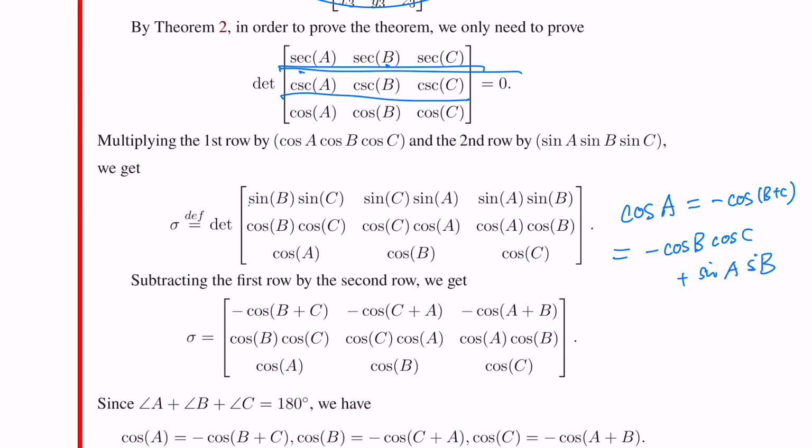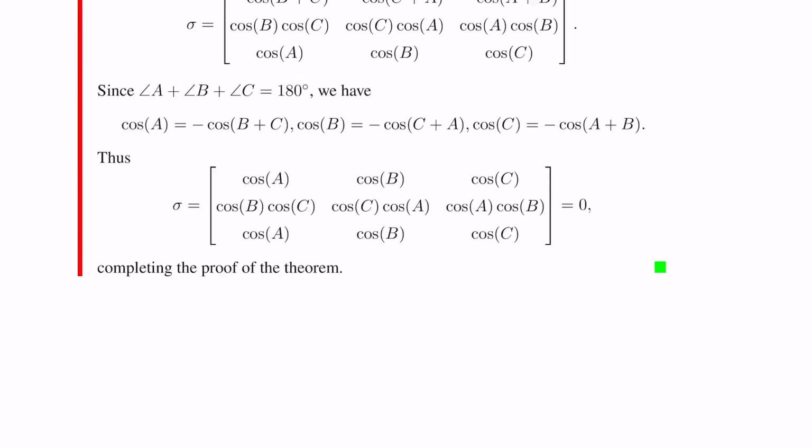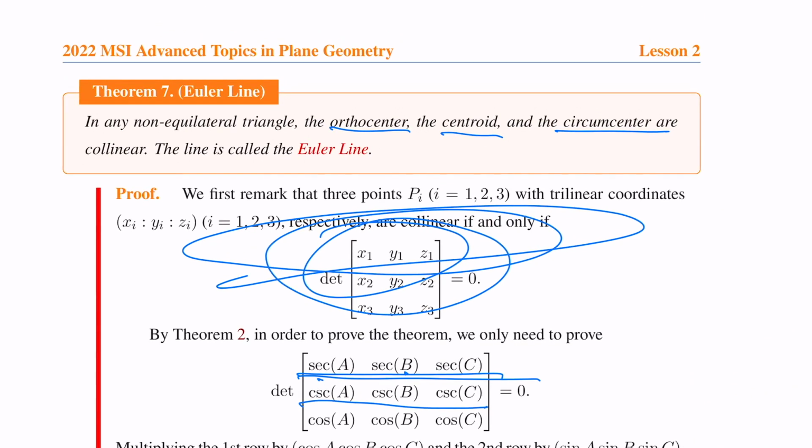And you basically see that if you subtract these two, you get the last row. So using linear algebra, if adding or subtracting two rows gives you the third row, that means the determinant is equal to 0. So that's what we have done. This proved that three of the five centers are actually collinear.